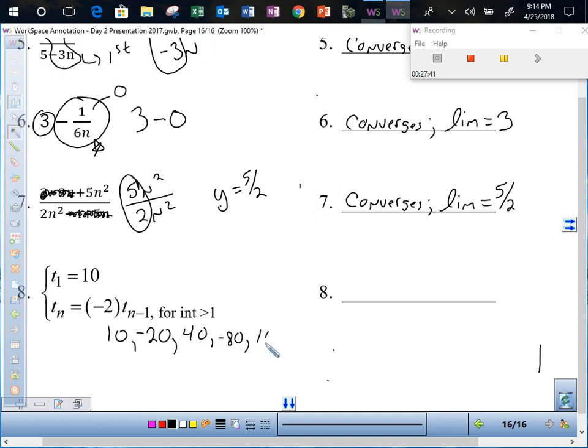Then -80, 160. What do these numbers seem to be doing? They're alternating, but I'm going from 10 to 40 to 160, and -20 to -80. So I'm not approaching a number. So this would be divergent, and the limit in this case does not exist.